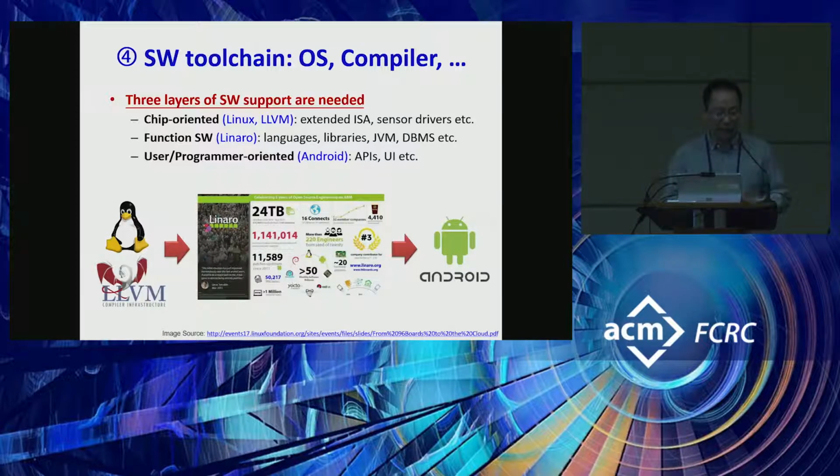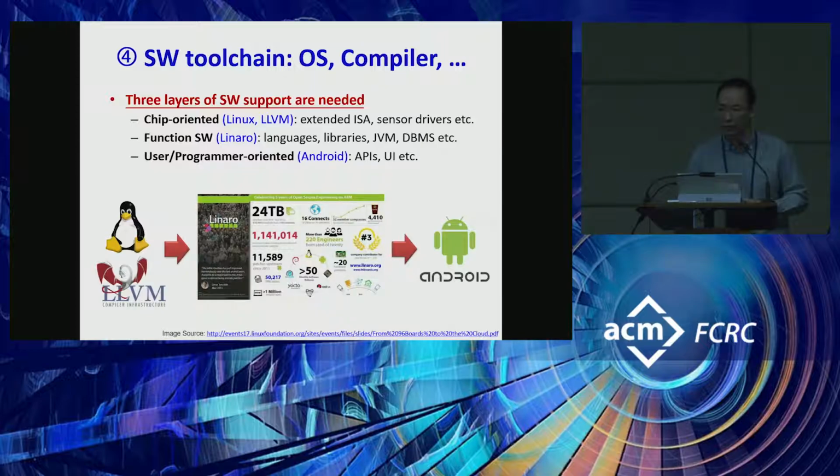The functional level software should provide language support and libraries like the JVM or DBMS, MySQL kind of software, just like Linaro for the ARM community. And another important layer is user and programming oriented, like Agile providing APIs for programmers or UIs for users.